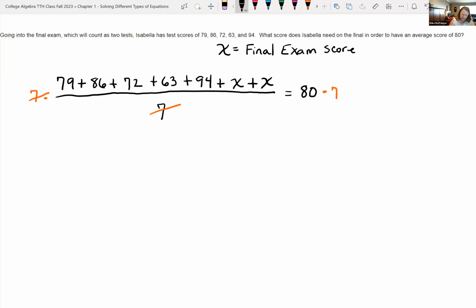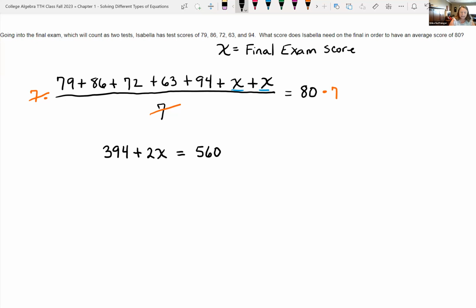So if I summed up 79 plus 86 plus 72 plus 63 plus 94, that gives me 394 plus, well, X plus X gives me plus 2X is equal to 80 times 7, which is 560.